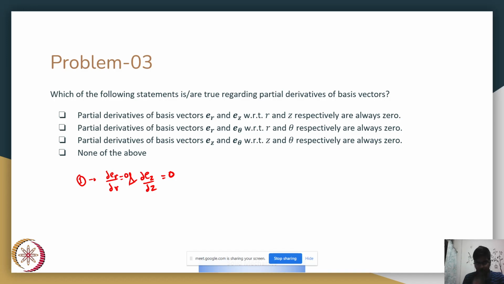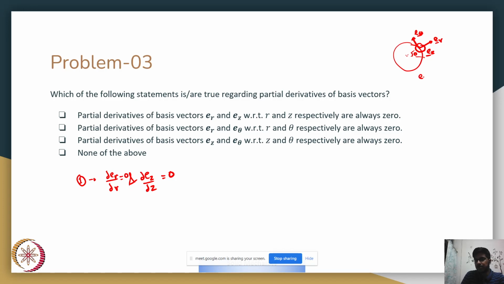This is what the first option is saying. If we remember our coordinate system, this is your ER, this is your E theta, and the one coming out of the plane is EZ.